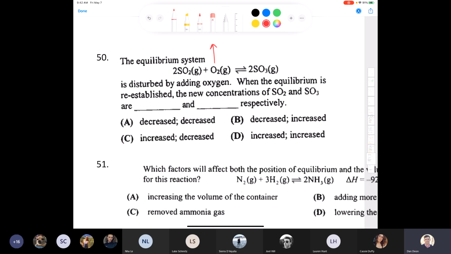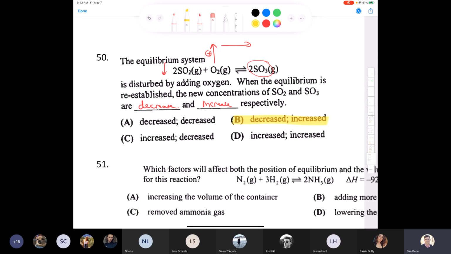Well, if we increase the amount of oxygen, what's that going to do? That's going to push the equilibrium to the right side, right? That's going to cause an increase in the amount of sulfur trioxide, and it's going to reduce the amount of sulfur dioxide. So decrease and increase. Which one is that? B.